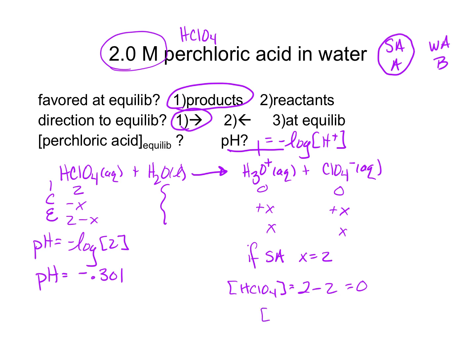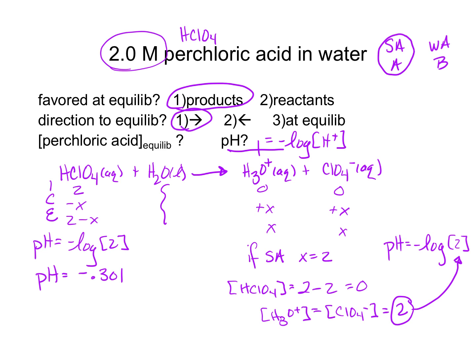And my concentration of H3O plus is equal to the concentration of ClO4 minus. They're both equal to 2. Okay. I then would take that 2 back up and, again, do the same math that I just did. Log of 2, that's where this 2 comes from. And I get that pH is equal to minus 0.301.